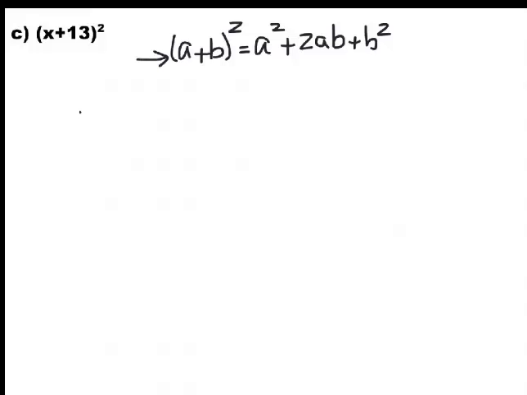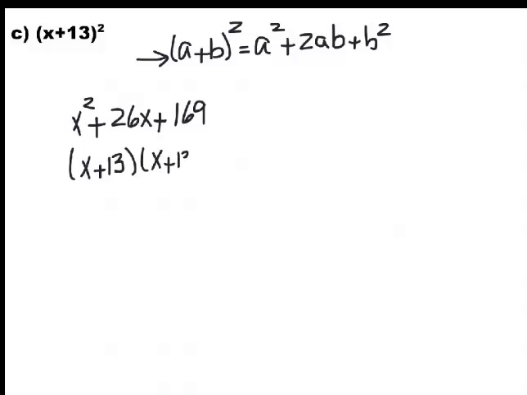So it's going to be x squared plus 2 times 13 is 26, times x gives me 26x, plus 13 squared is 169. As I said, we can also find the same answer by doing this multiplication, but it's much faster to use the formula.